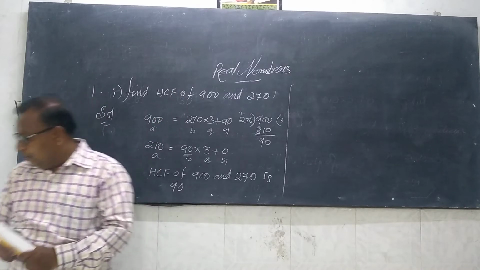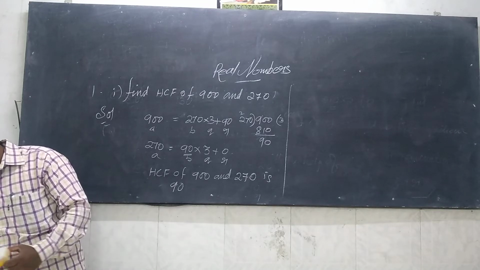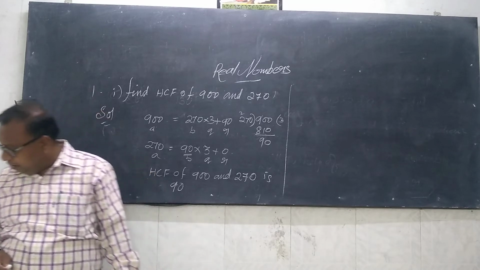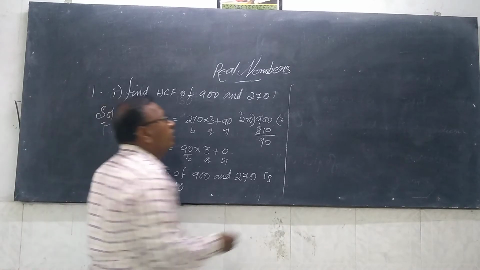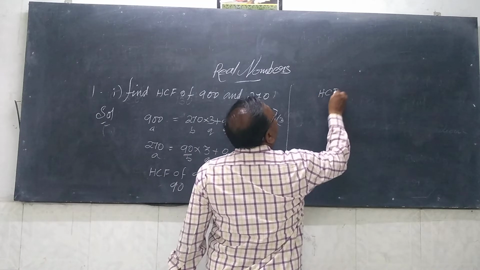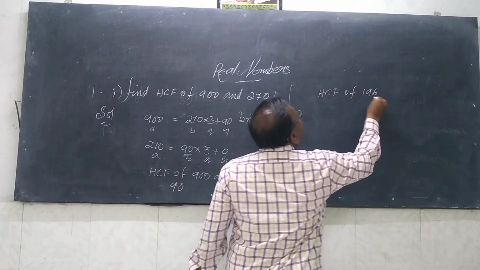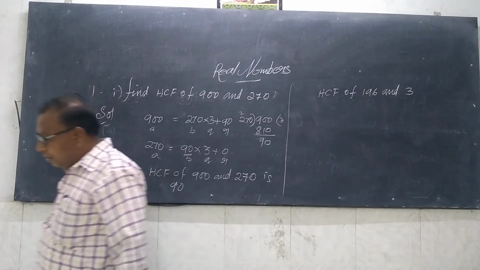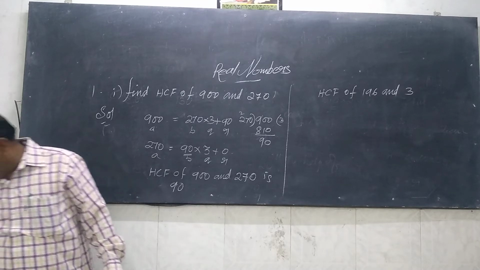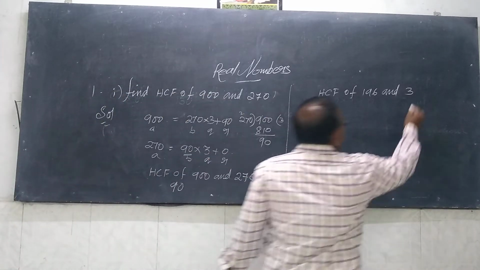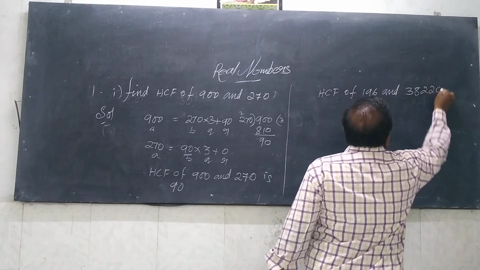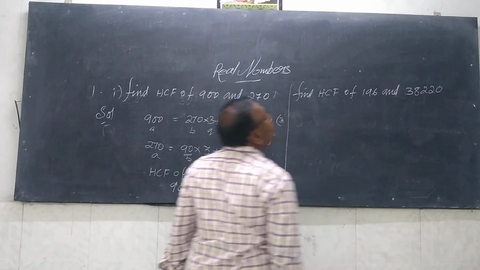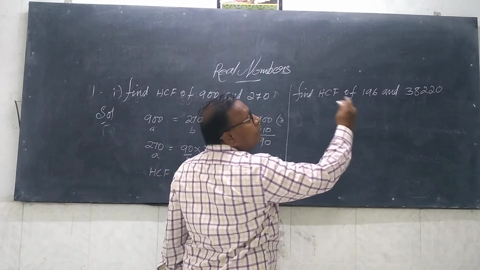We'll do one more problem. Here in your textbook, find the HCF of 196 and 38,220.